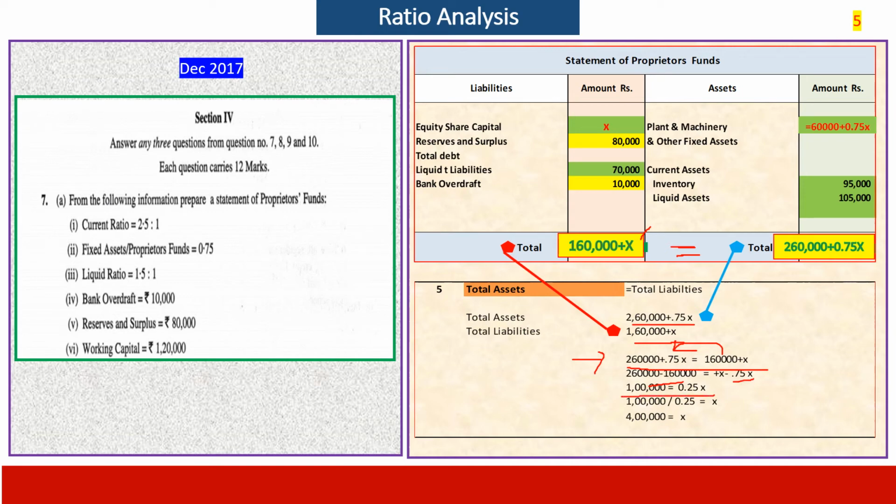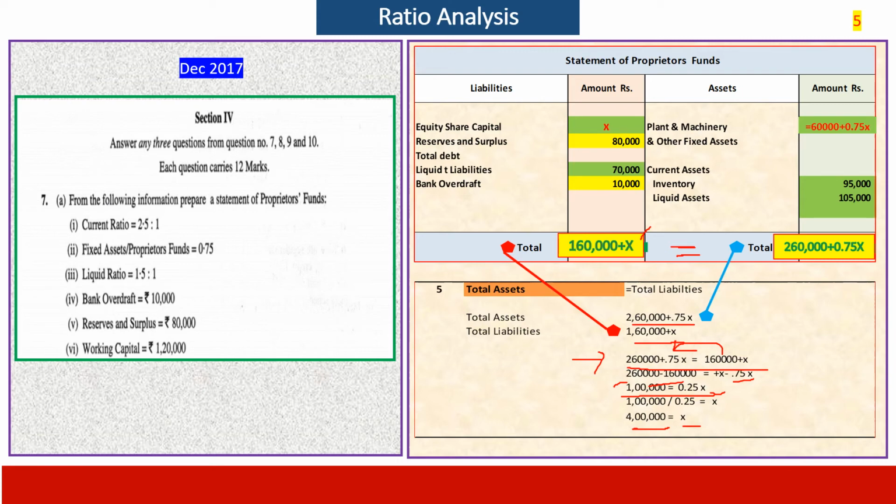Effectively, your final equation becomes 2,60,000 minus 1,60,000 is equal to 1 lakh. 1X minus 0.75X is equal to a quarter X. If quarter X is 1 lakh, X is equal to 4 lakhs. This is a simple simultaneous equation which we are all aware of in the day-to-day thing. This equation has to be used in this exercise.